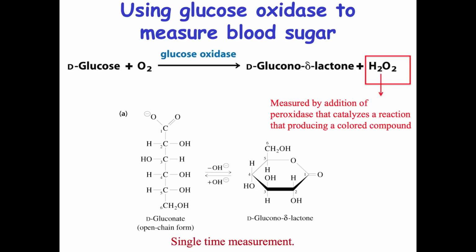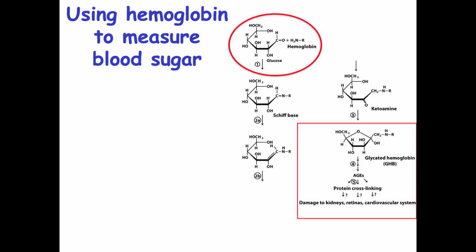So what's really more helpful in determining the severity of high glucose levels is to actually measure modified hemoglobin. Hemoglobin is a protein found in red blood cells, so it's constantly exposed to any of the glucose that's in the bloodstream.